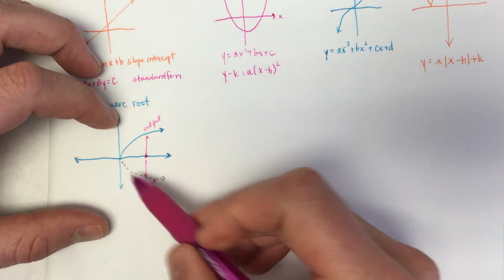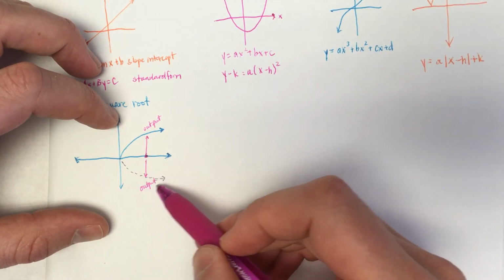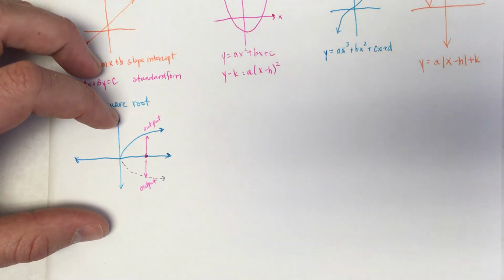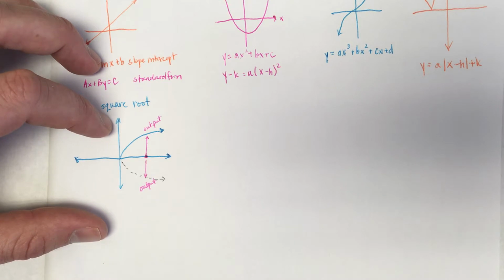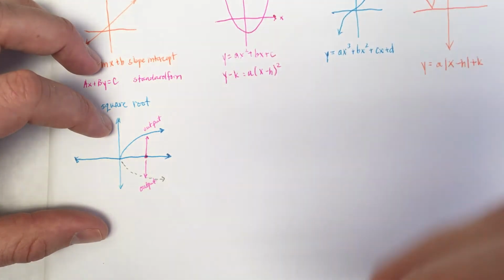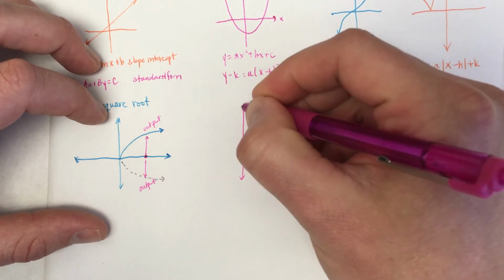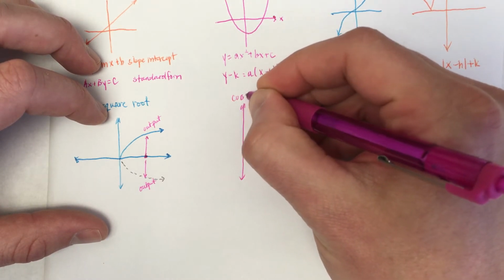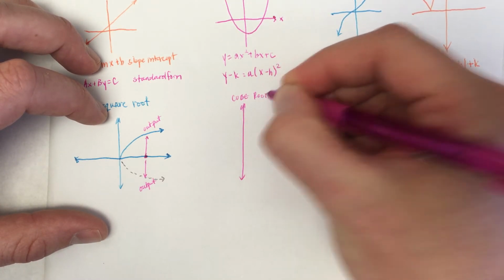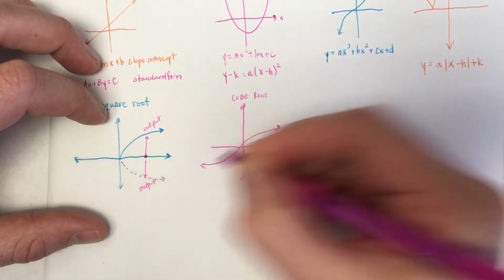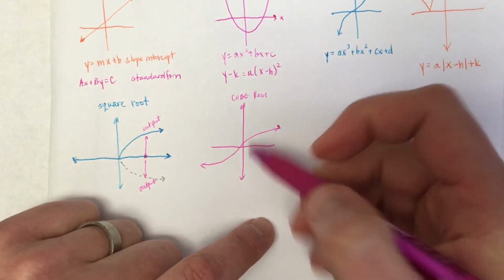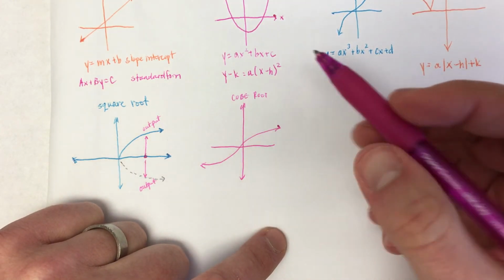And so this is not a function if we have this black dotted line. It only is a function if you keep only the blue. Cubic works a little bit differently in that if I have a cube root, I can lay this down on its side, and it works just fine because I only have one output.